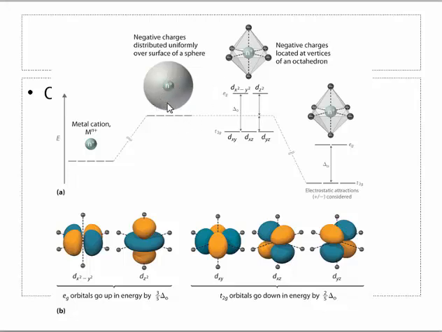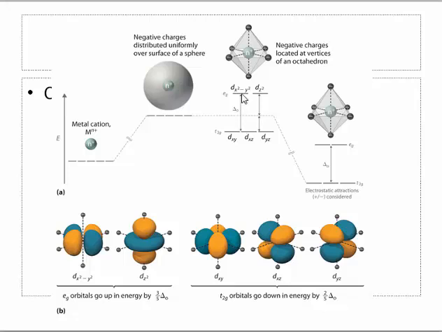As complexation occurs, when we introduce the negative charges at a vertex of an octahedron, not necessarily ions, but maybe the lone pairs of electrons, you see that three d orbitals decrease in energy, and two d orbitals increase in energy.